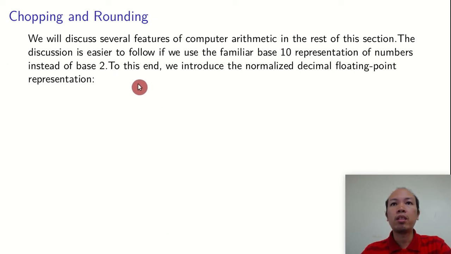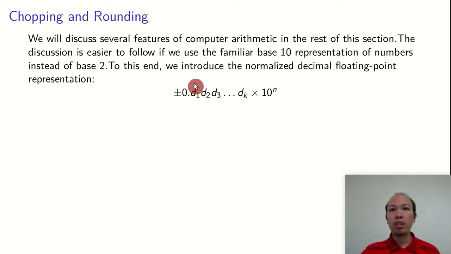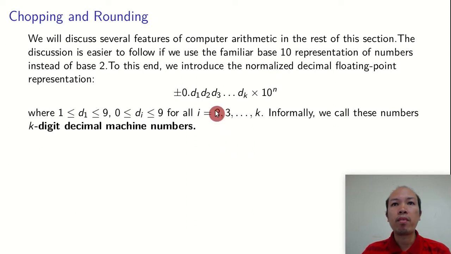Before that, as you can see here, we will introduce the normalized decimal floating point representation. This is the form. So remember, this is normalized decimal, meaning to say decimal, it is in base 10. With this representation we now know already that d sub 1 must not be equal to 0.